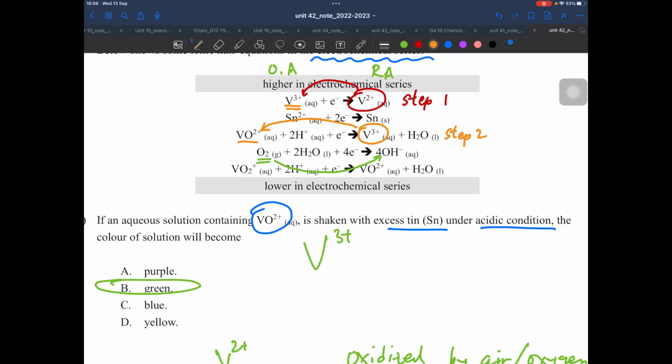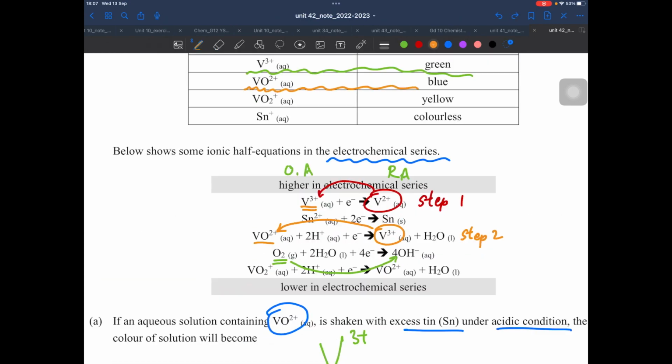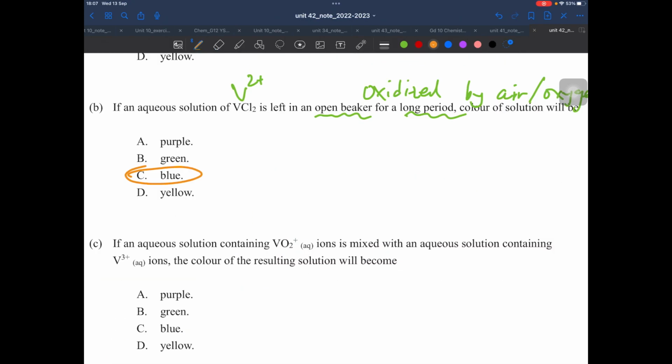Is there any step 3? VO double plus is also here. But sorry to say, the purple one cannot draw the anti-clockwise relationship with O2. So only step 2 is allowed. VO double plus is blue. Because maybe you can write down V2 plus becomes V3 plus and goes further to VO double plus.